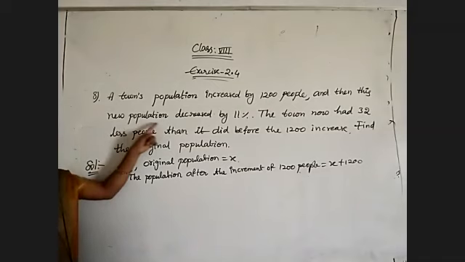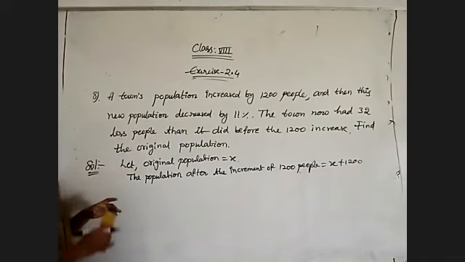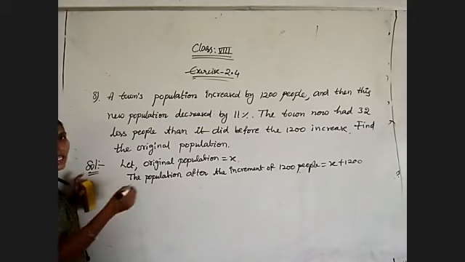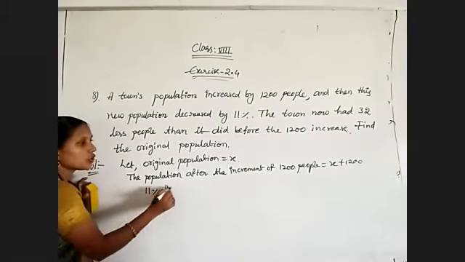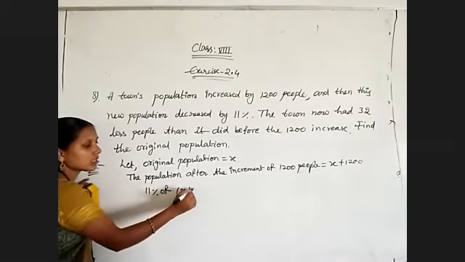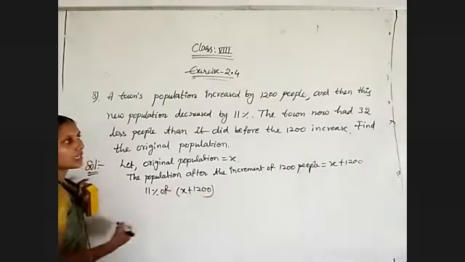Then this new population decreased by 11%. So what is the decrement? That is 11% of the new population, and x plus 1200 is my new population.